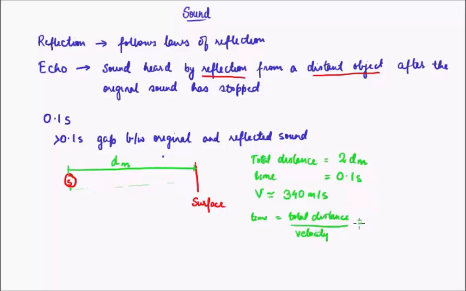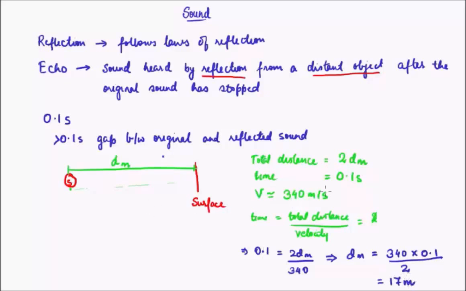Total time is 0.1 second, total distance is 2 dm, and velocity is 340. If we cross multiply, dm turns out to be 340 times 0.1 upon 2, which is 17 meters.